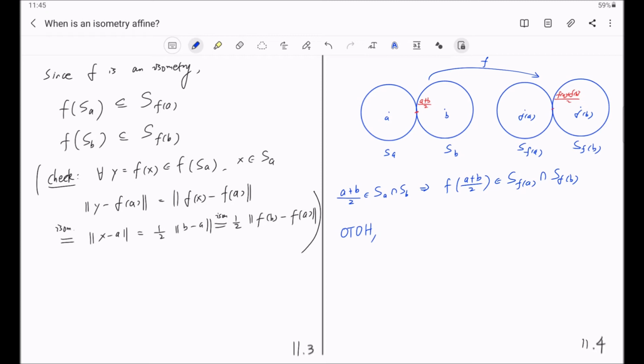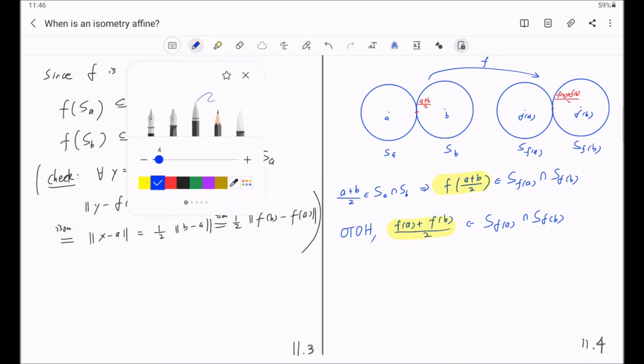On the other hand, (f(A) plus f(B)) divided by 2 is also in the intersection of those two target spheres. And remember, our goal is to show that this is equal to this. So now let us make our claim.